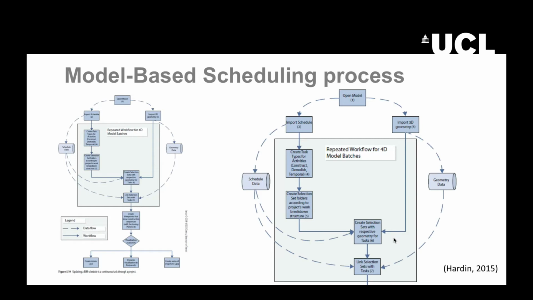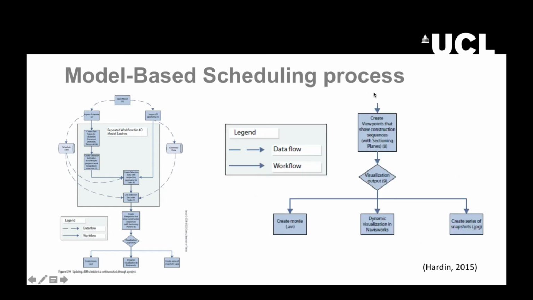It means to link selection sets with tasks. We need to select the objects from our 3D model and connect them with the task and the schedule allocated for that particular task. So when we link the schedule data with the geometry data is when we are already creating the 4D model in BIM.